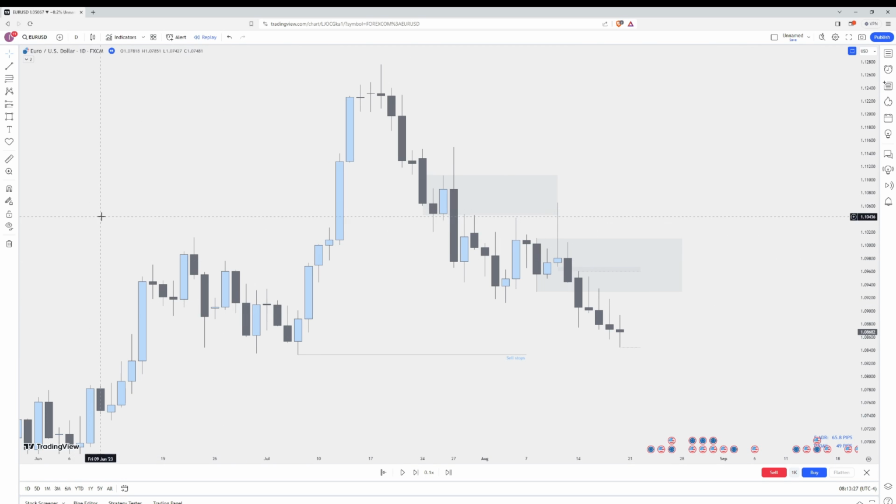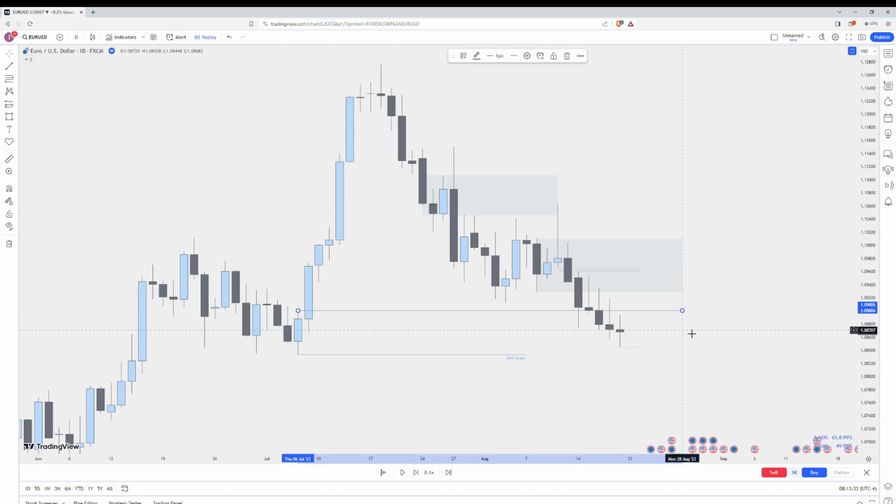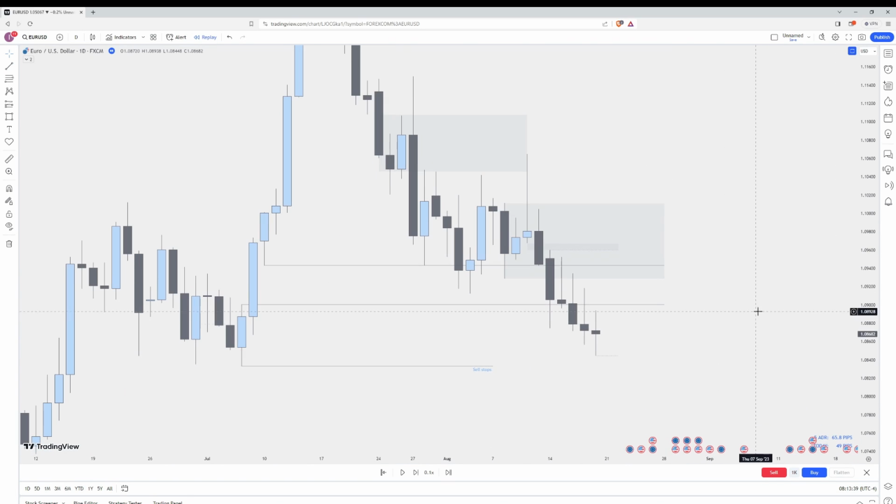And if you look all the way to the left, we actually have this fair value gap that we've traded through, and now we could use this as resistance. If I extend this out, there we go. You can see price has traded through this level, came back into it, rejected once, rejected twice. So we may come back into this for a third time and then reject even lower.